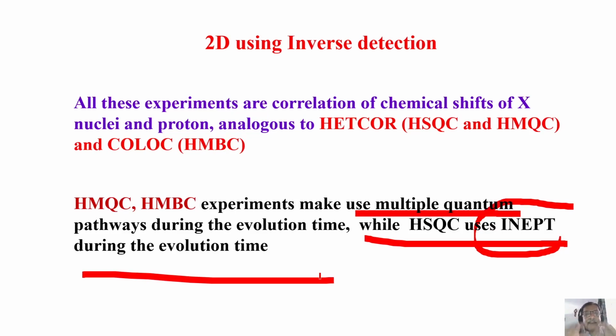If you want to identify which carbonyl is 2 or 3 bonds away from a proton, do the long range experiment, that is HMBC. Then you can even get information about carbons which are not directly attached to a proton but remotely coupled. Except for these inverse experiments, please don't try any direct experiment. There are no more advantages, and now nobody practices that.